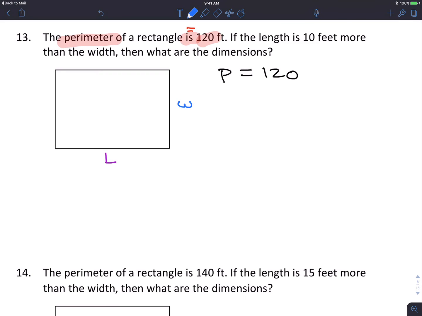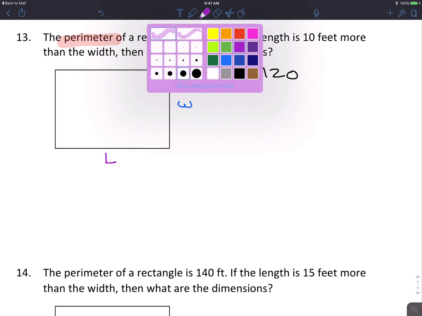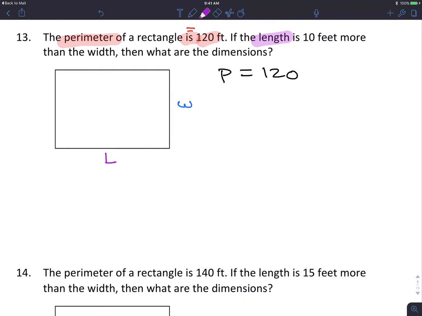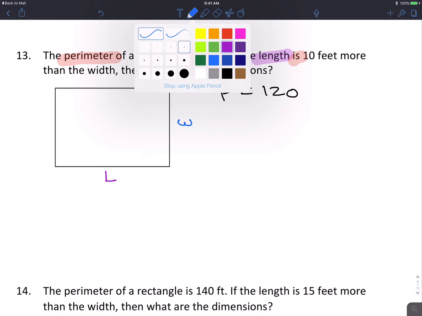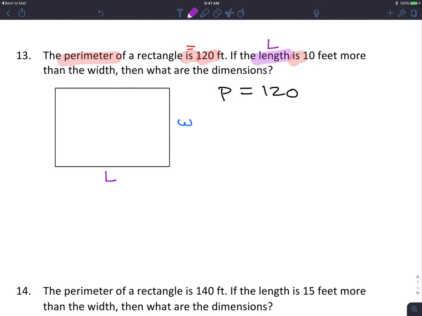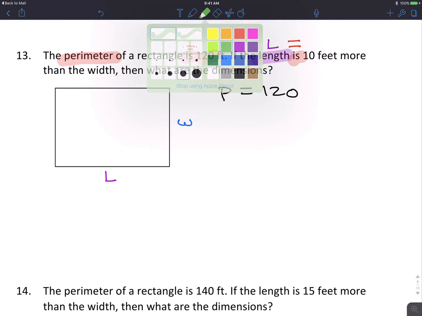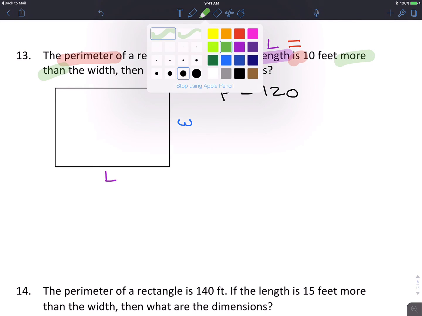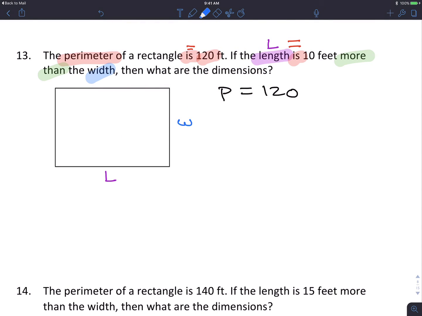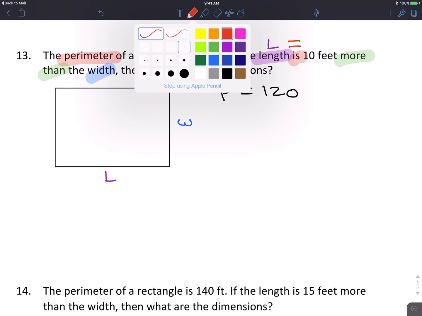The length here, we say length in purple, that's equal, and then we have this again 10 feet. We have again that phrase more than, which is addition, and it's more than the width, so that's represented by W. So let's actually plug this in.